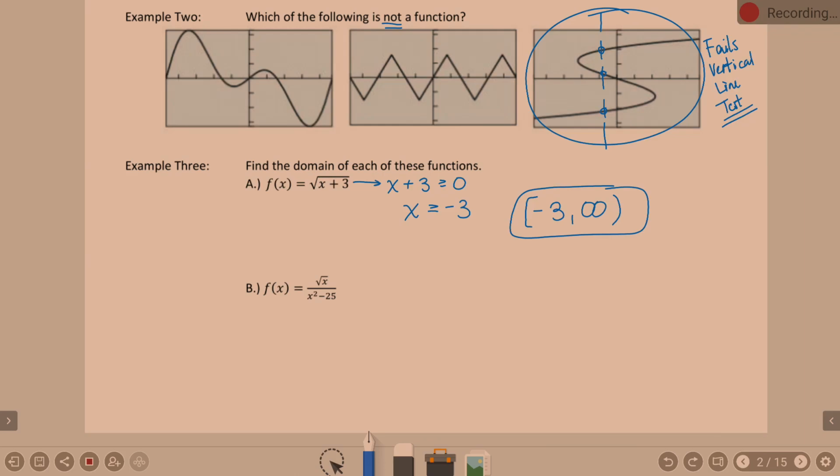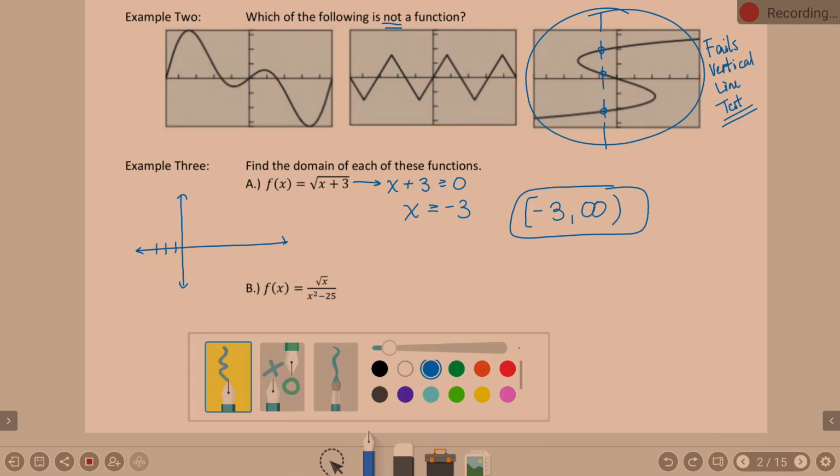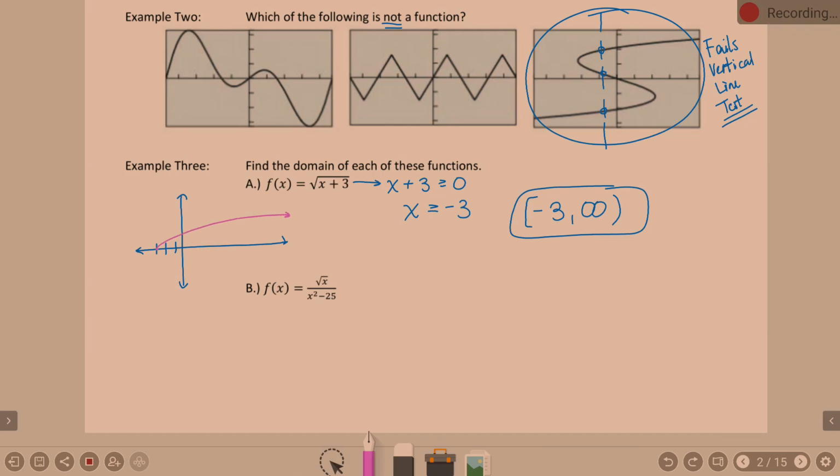It's going off right to infinity. Okay, so that's kind of your, I don't know if I want to say proof, but kind of the backup there. Is that my graph goes from -3 to the right.